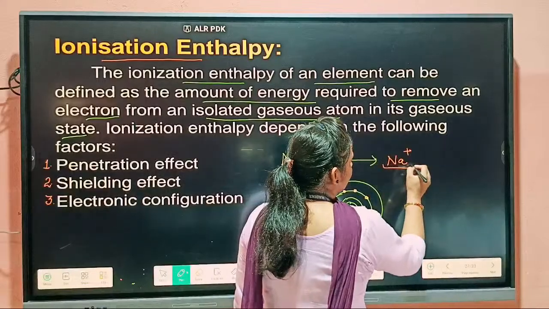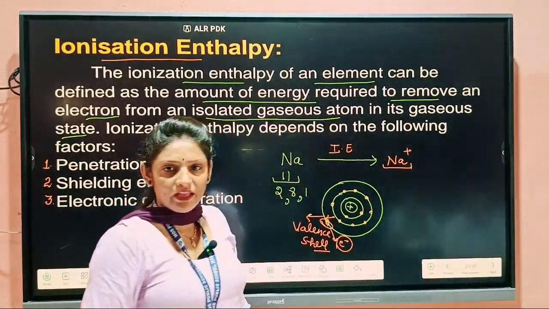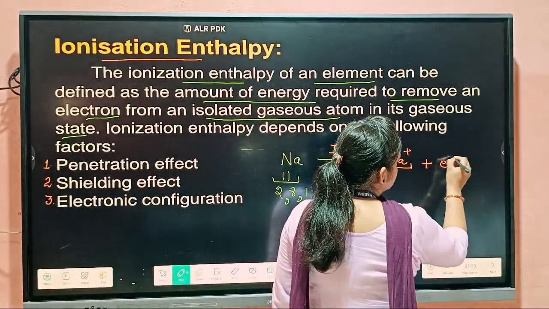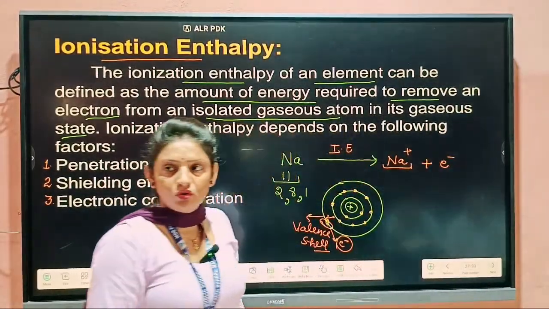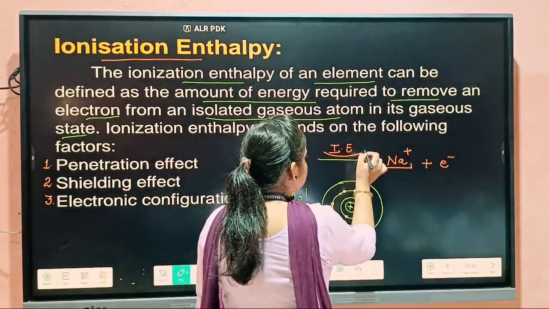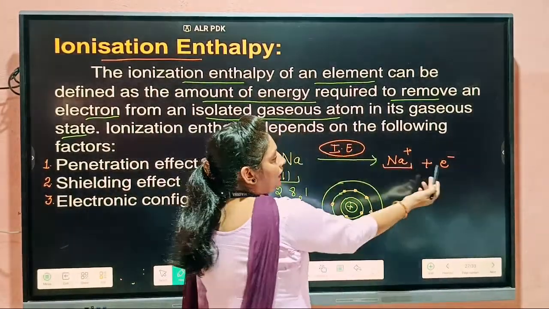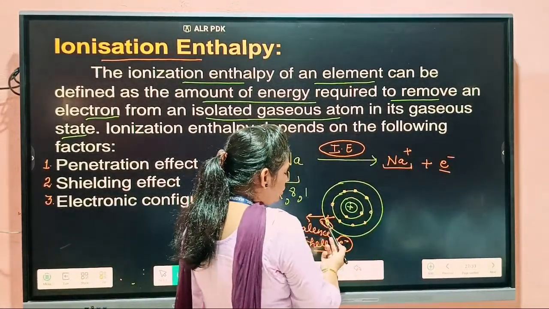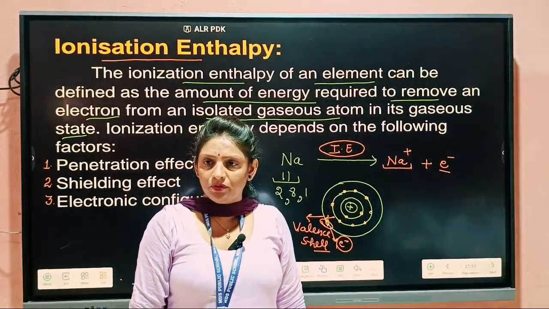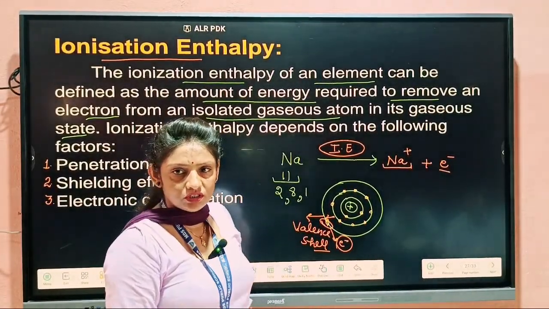After removal of the electron, it converts into Na+ plus an electron. How many electrons? It removes 1. So the amount of energy required for removal of the electron from the outermost shell is known as the ionization enthalpy. Is it clear to you or not?